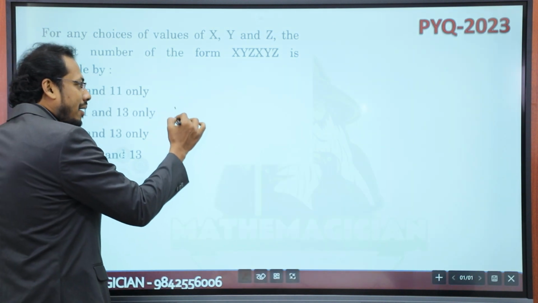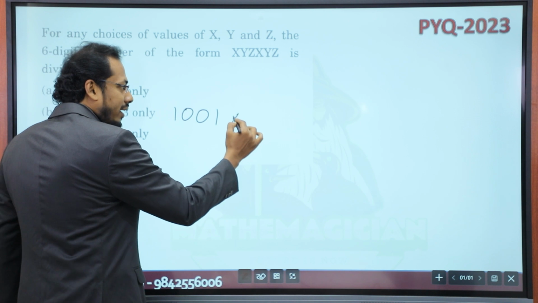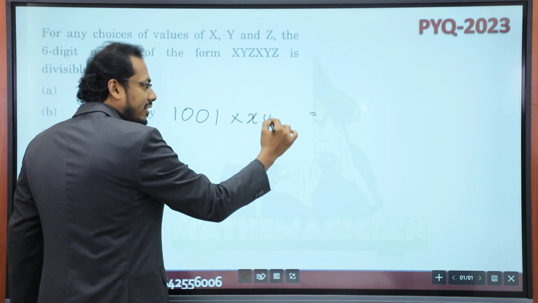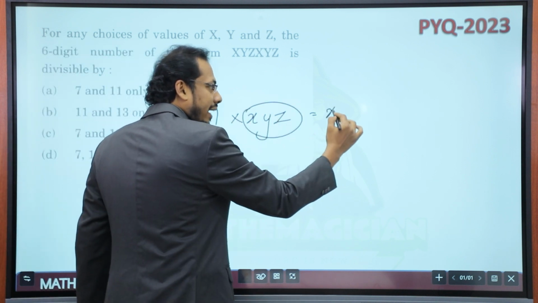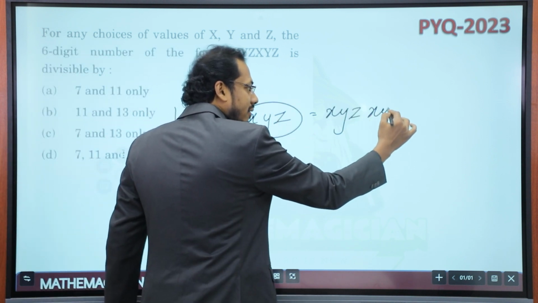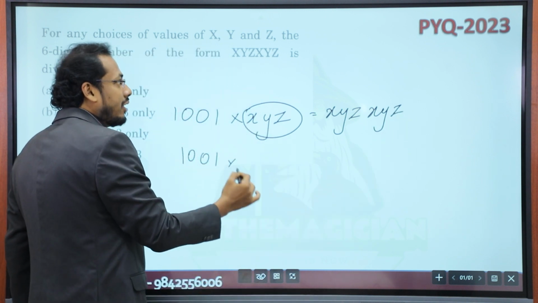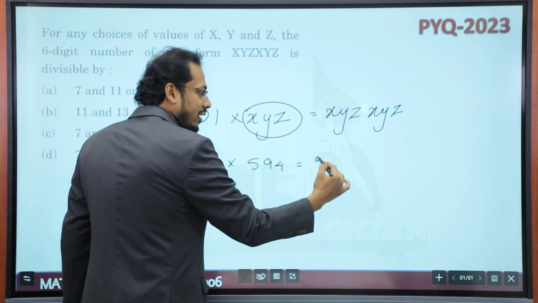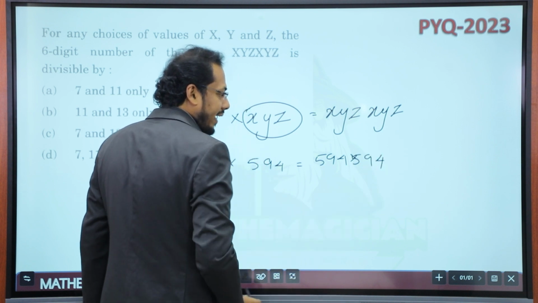Whatever the number multiplied by 1001, you will get the same number again. If I multiply this with x, y, z, I will get x, y, z two times. That's the concept. So 1001 into whatever the number. If I take 594, my answer will be 594 and 594.